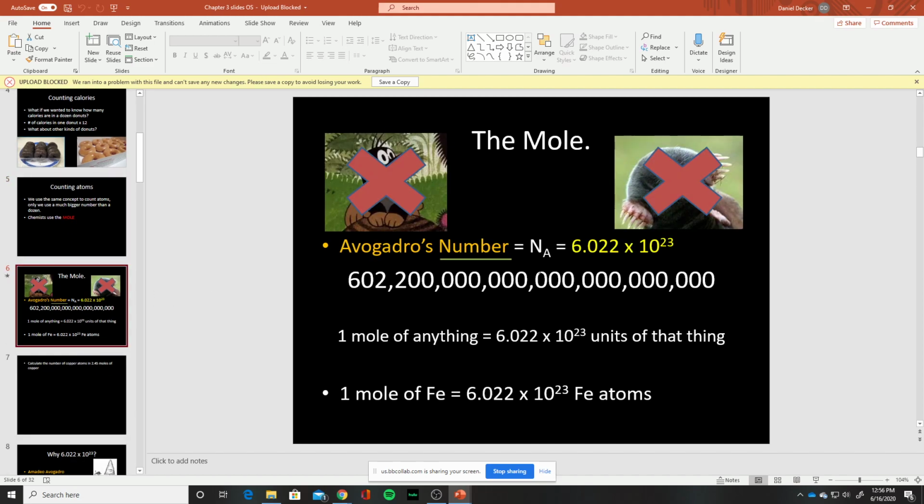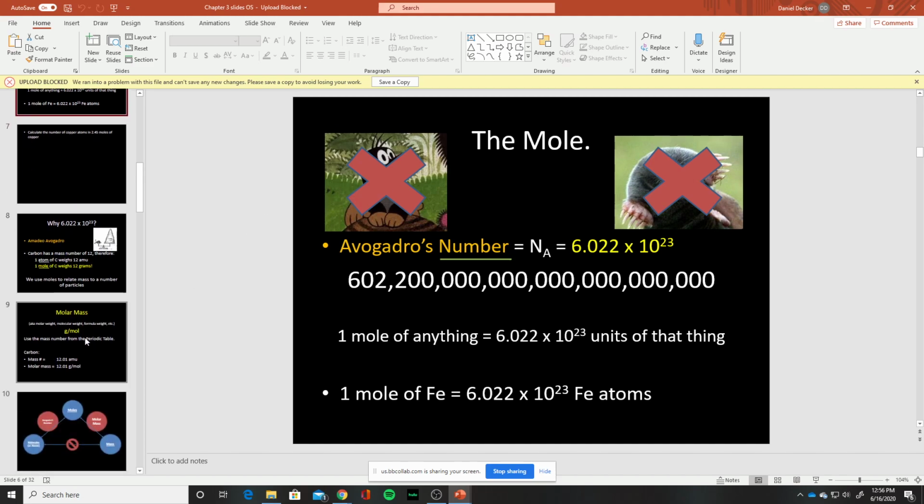First of all, understanding Avogadro's number and how to use it. That is going to be important. We're going to be using Avogadro's number to figure out, if you have this many atoms or this many molecules, how many moles do you have, or vice versa. So you should know how to do that.